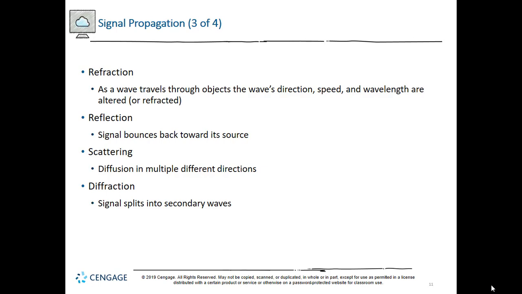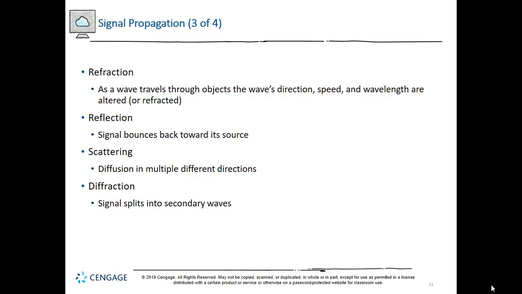Imagine the light waves that are altered when you're entering a pool or the water. If you're underwater looking back at the surface, the image might be distorted. Think about when you were in grade school and did a science experiment: you placed a pencil into a cup of water, and when you looked at the line of the pencil, it no longer went straight; it refracted off to the side. That's what we're talking about here, and that's what happens to our wireless signals as well.